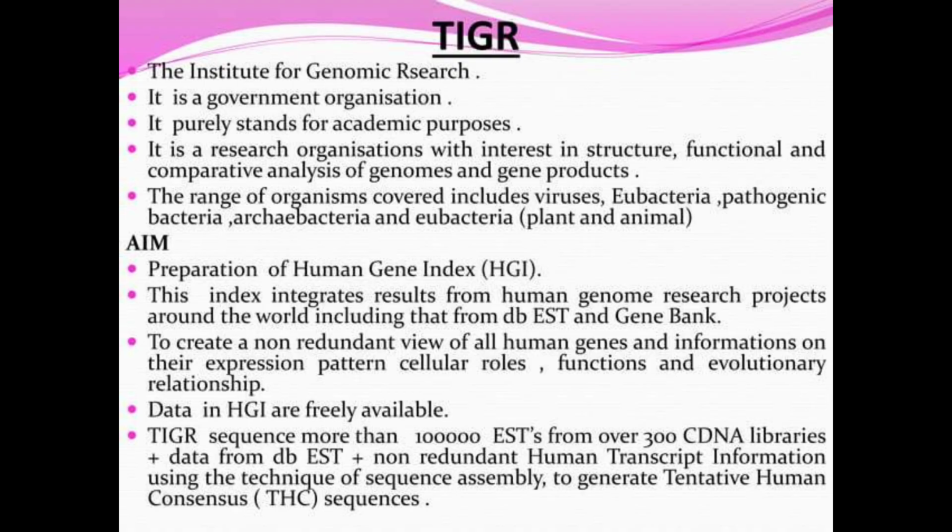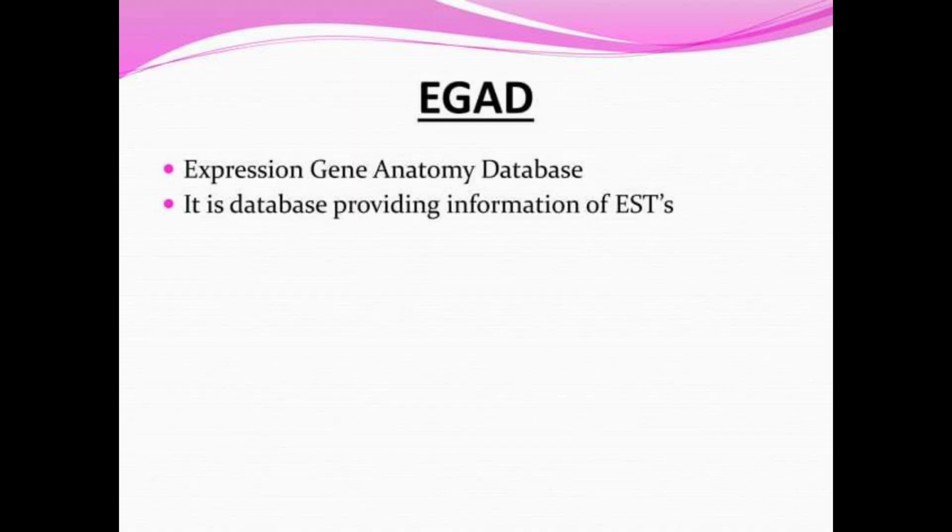The aim is to prepare the human gene index in association with TIGR, with ESTs from over 3000 cDNA libraries. It is created to view all the human gene information, their expression pattern, cellular role and function, and evolutionary relationship. EGAD is the Expressed Gene Anatomy Database.